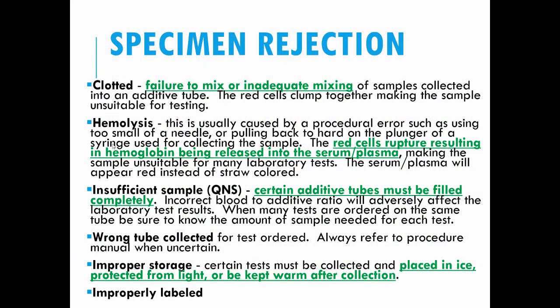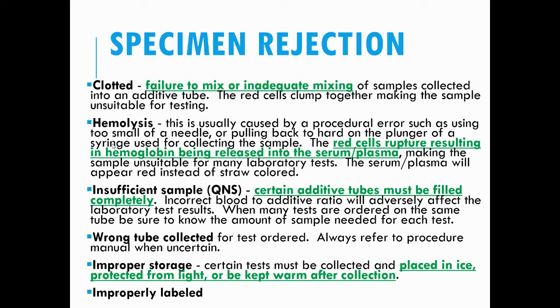Specimen rejection. We need to reject specimens which are clotted. A specimen is clotted if it was not mixed or the mixing was inadequate in tubes with additives. The red cells clump together, making the sample unsuitable for testing.